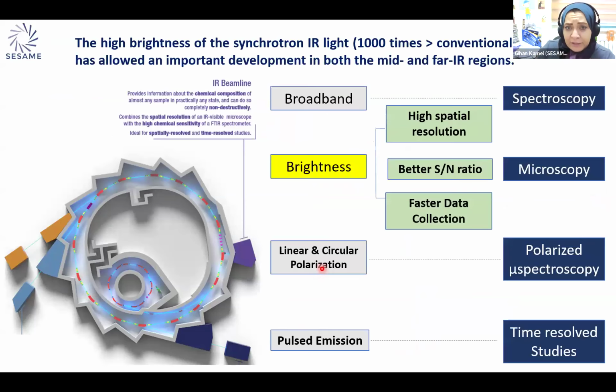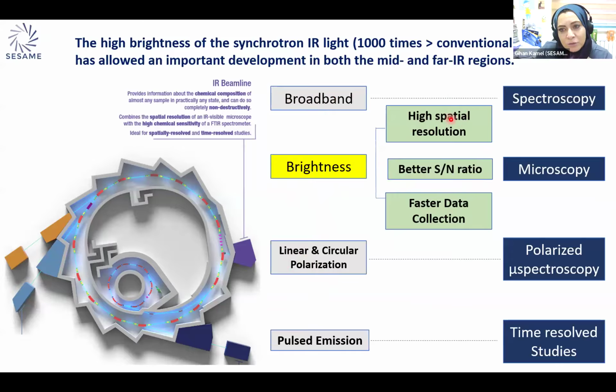So if you also want some information about the unique properties of synchrotron radiation, you will see some of them here. You see that it's broadband, the brightness, provides linear and circular polarization, pulsed emission. And for us here, we are relying on the brightness, the brilliance.